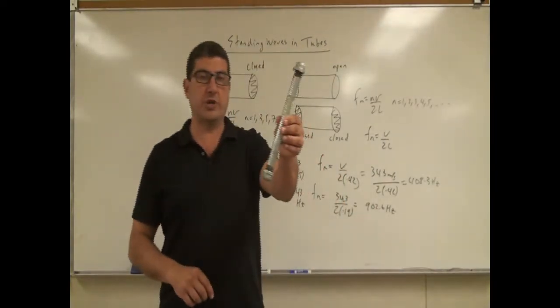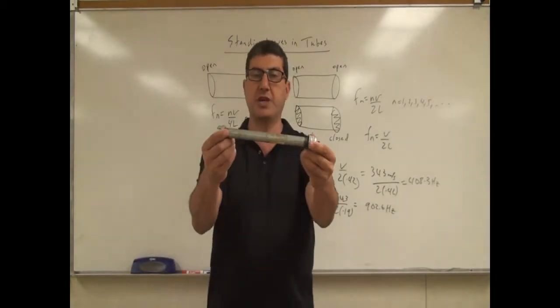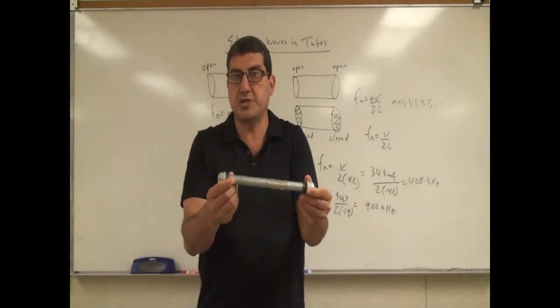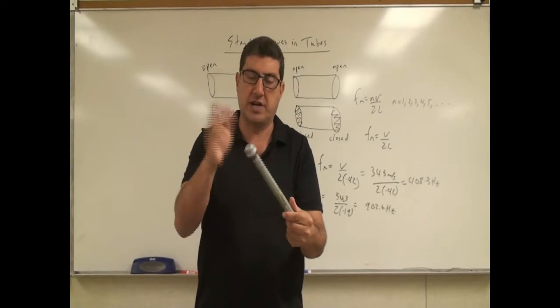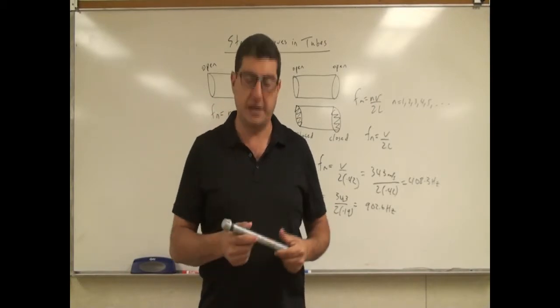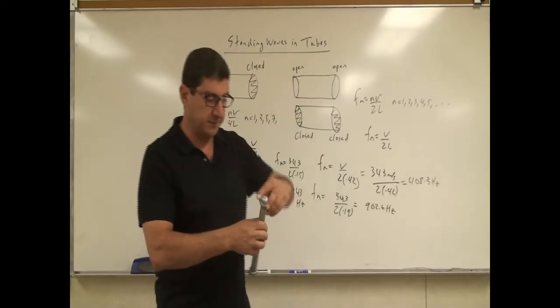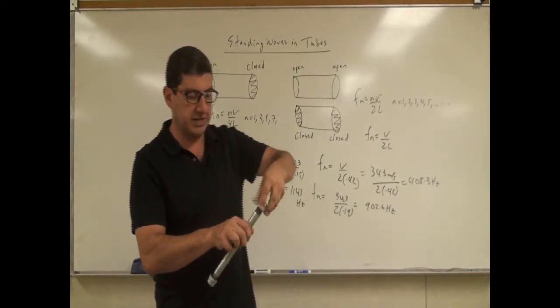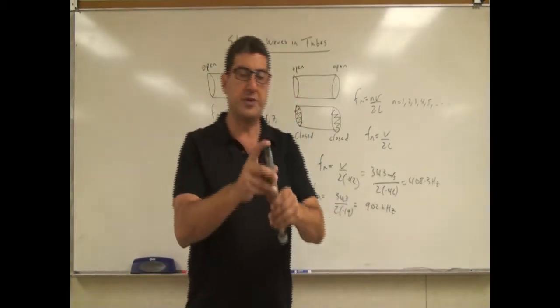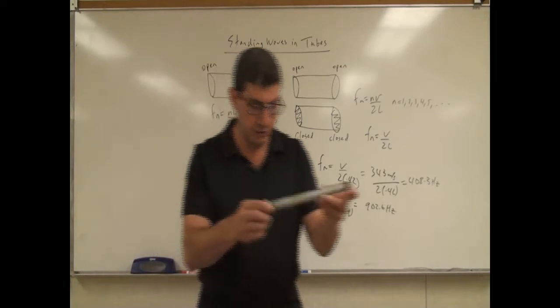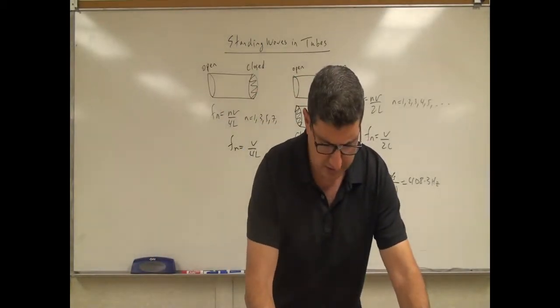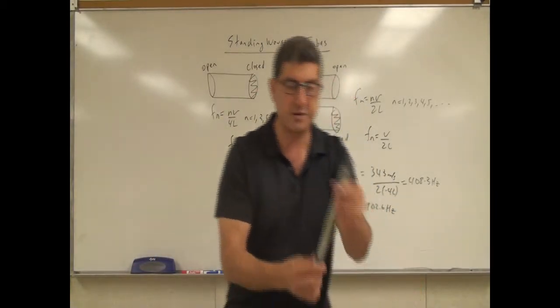Okay. Now I also have a tube here closed at both ends. This one you really can't produce a sound by blowing into it. You can kind of knock on it, right? Or you can basically open it and illustrate the concept of open at one end, closed at the other end. Right now, the length is going to be about 25 centimeters, right?